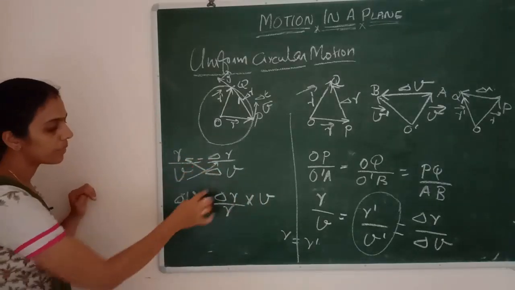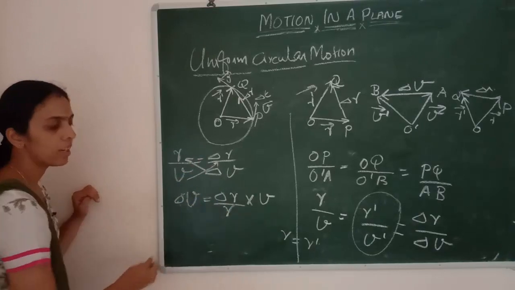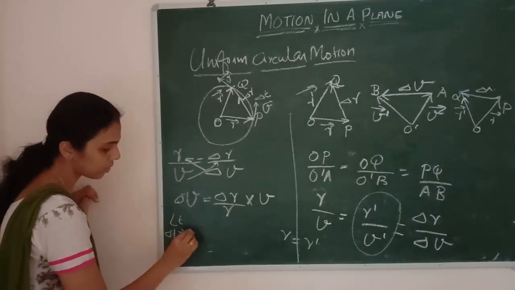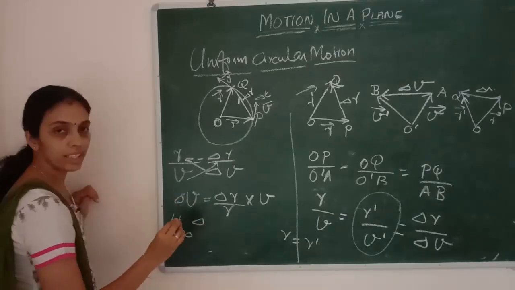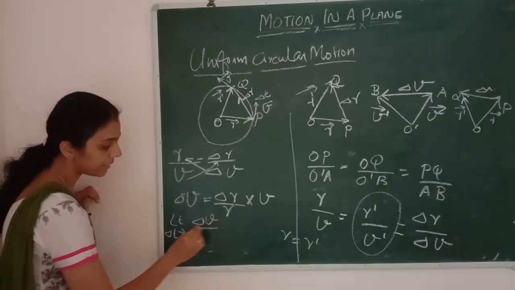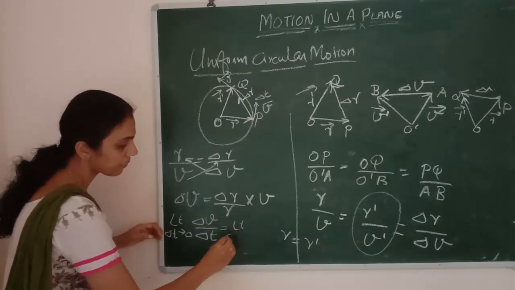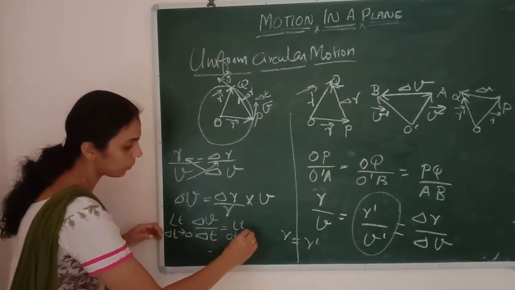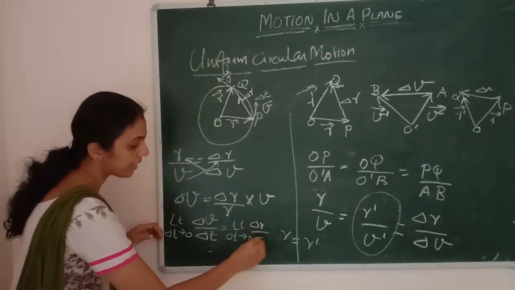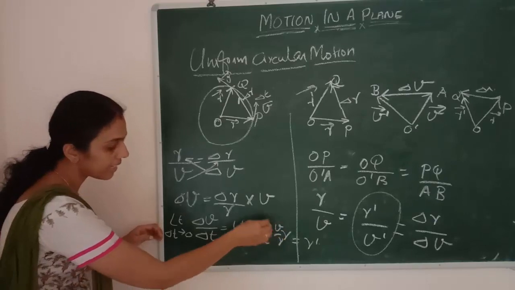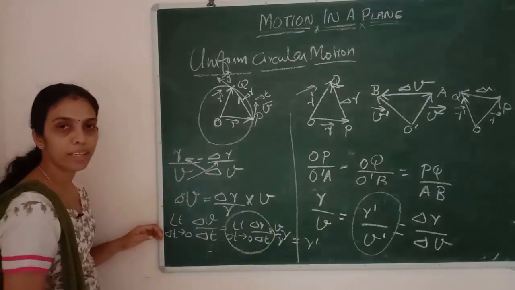Okay, rearranging this, now I am taking the limit delta t tends to 0, dividing by delta t. Limit delta V divided by delta t equals limit delta t tends to 0, delta R by delta t into V by R. What is limit delta t tends to 0, delta R by delta t?